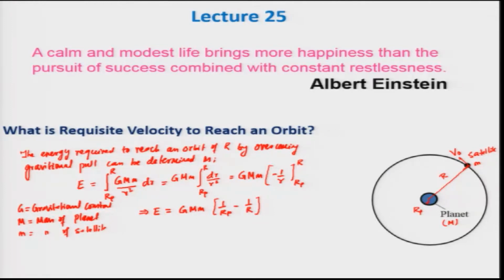However, to achieve a certain orbital velocity of v naught, you need to provide some more energy.